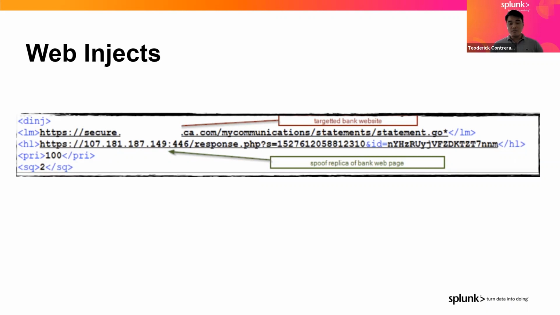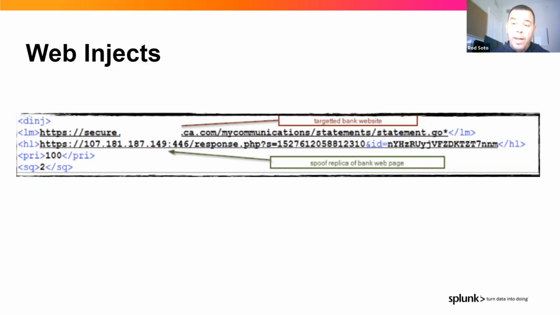If the banking URL accessed by the user is in the field of LM, as we can see here, the user will be redirected to the spoof website created by the Trickbot that we can see in the HL field. In this way, the Trickbot lures the user and steals banking information.